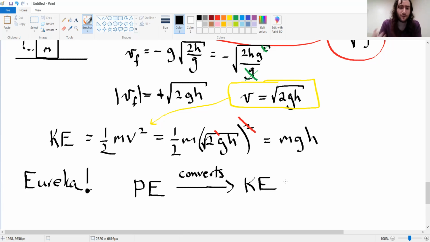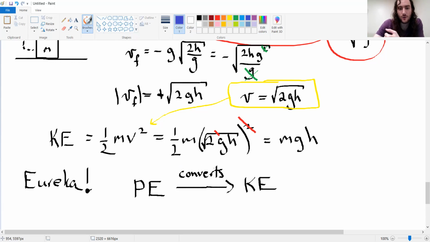And all of those different kinds of energies, electrical energy, you can convert between those kinds of energies. So they're all the same, kind of like one and the same thing. They're all energy, but they're just in different forms. So that's the whole idea that we're kind of working towards here. Or well, we've kind of just got there. So we can convert between potential energy and kinetic energy.